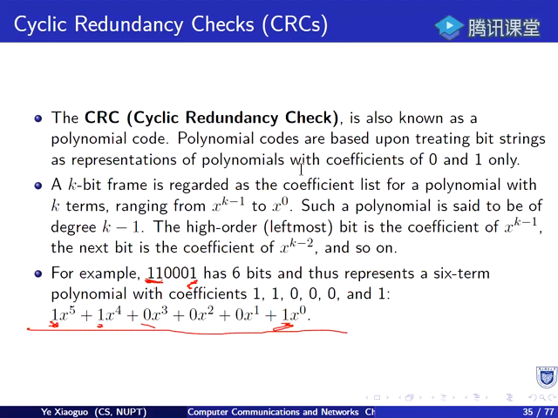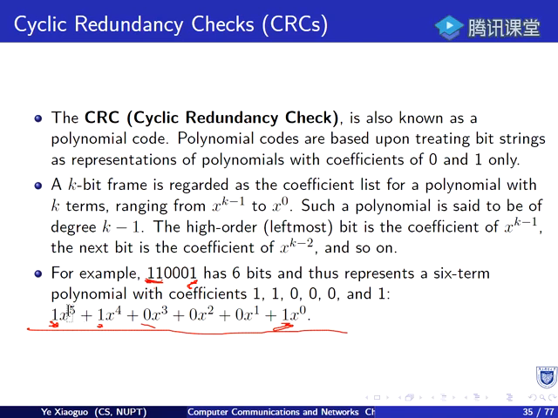For example, this bit stream 110001 has 6 bits, but r is 5, right?